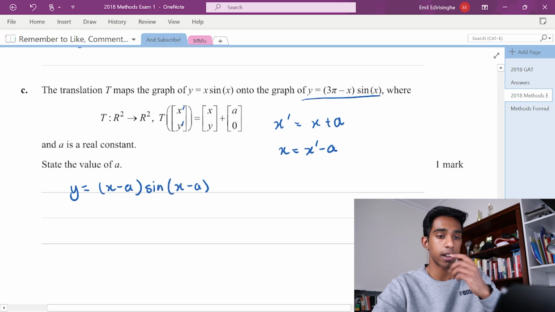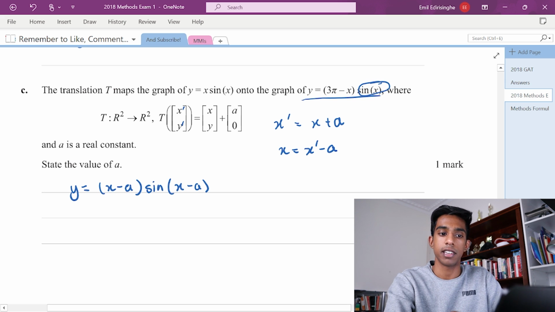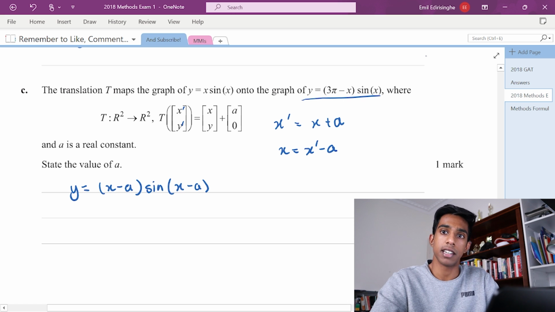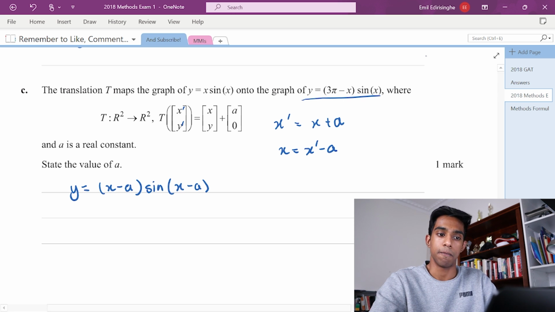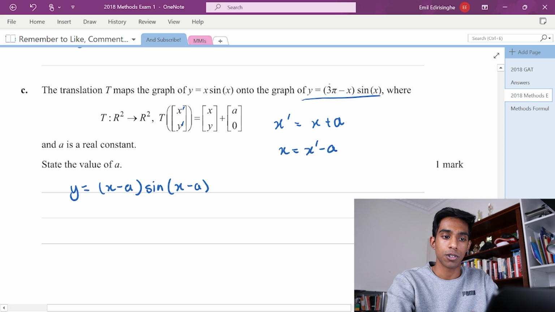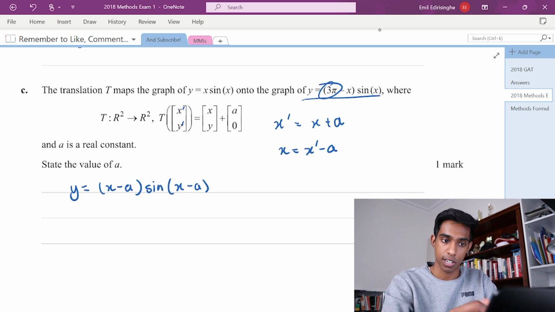And the first thing that I notice here is that there is nothing inside the sine of the translated equation, which means that the translation that they've made probably doesn't actually change the equation. So I see that also it is 3 pi in the equation here.